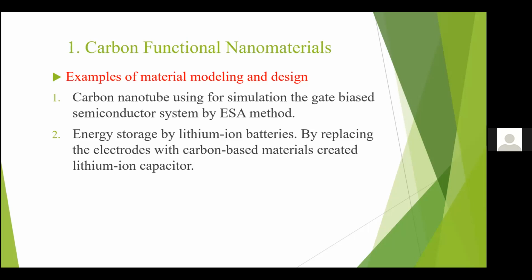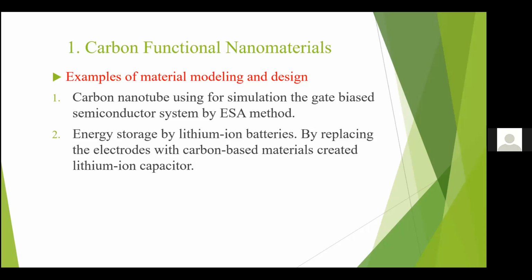The second example is energy storage, replacing the electrode of the lithium-ion battery with carbon-based material, the lithium-ion capacitor. The lithium capacitor is created from hard carbon material and activated carbon fiber.